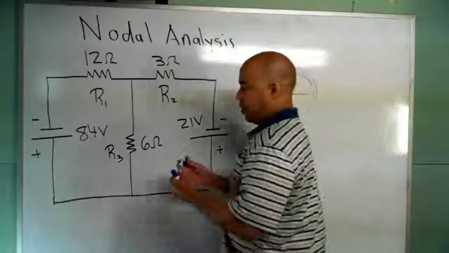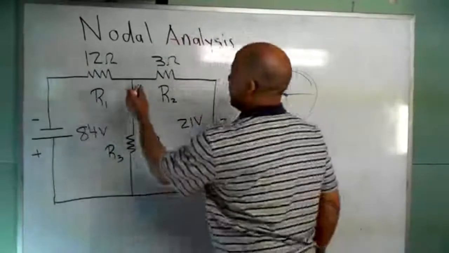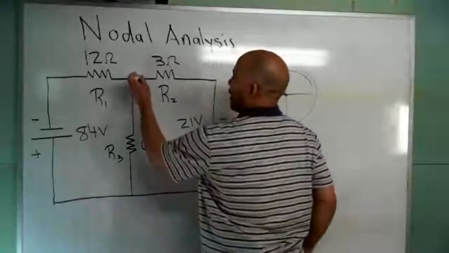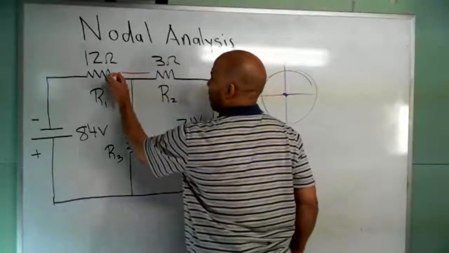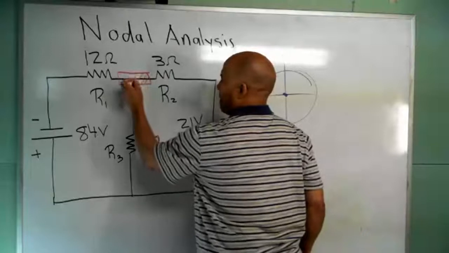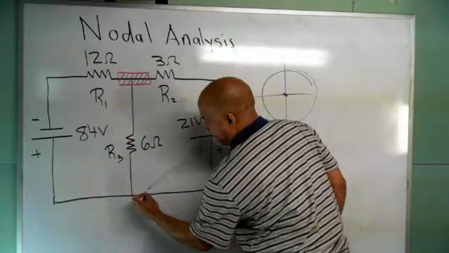So I actually have a node right here. There's a node right here. So I got a node here. And I got a node here.